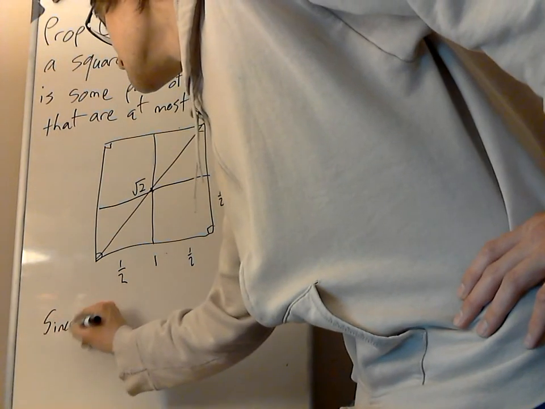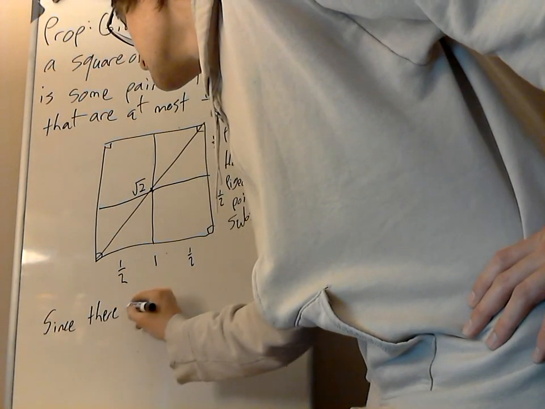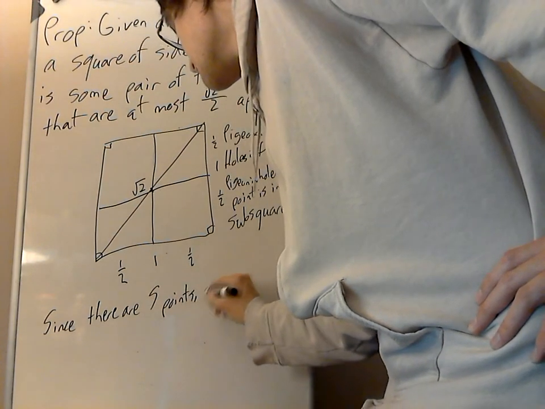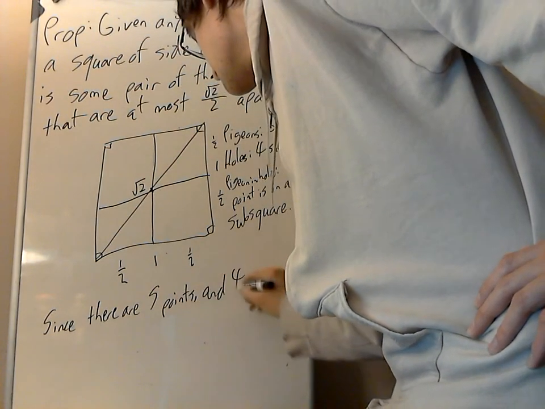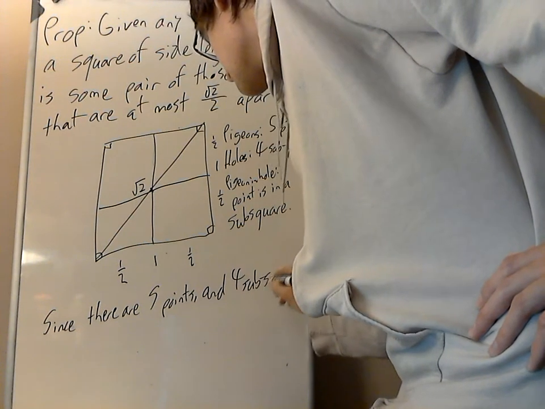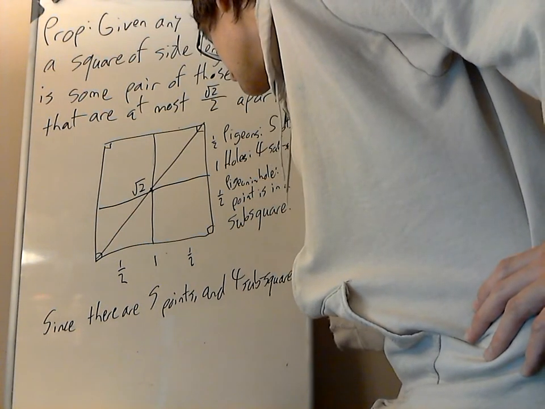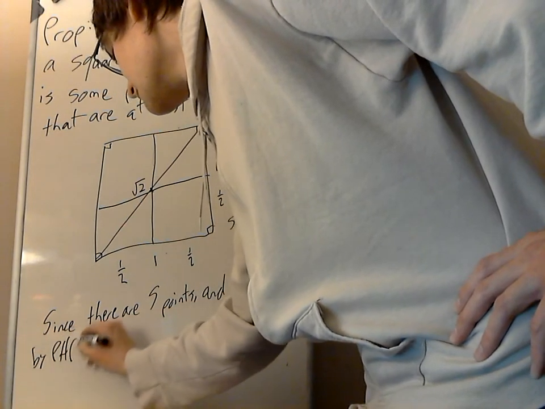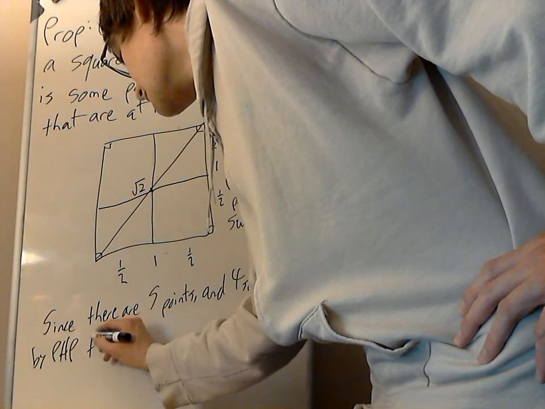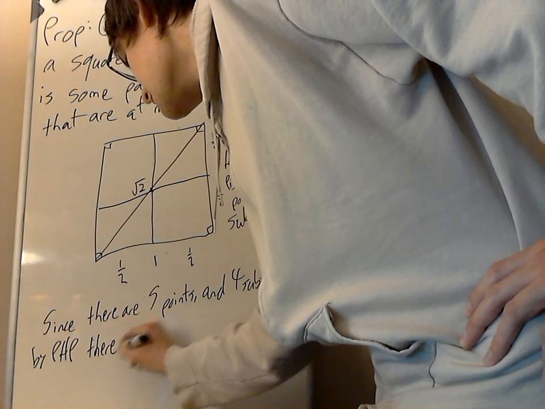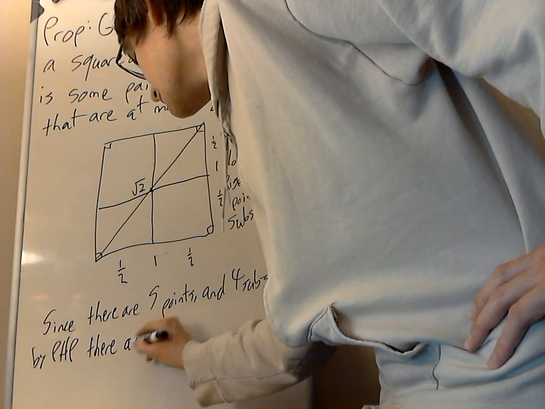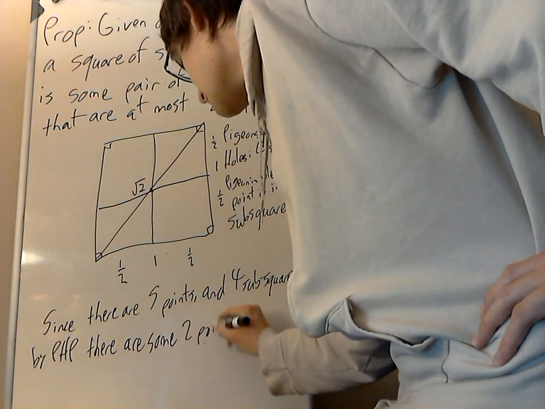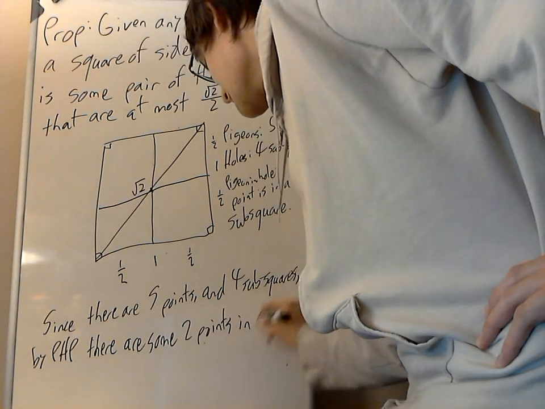So, since there are 5 points and 4 subsquares, the pigeonhole principle says that there are some 2 points in the same subsquare.